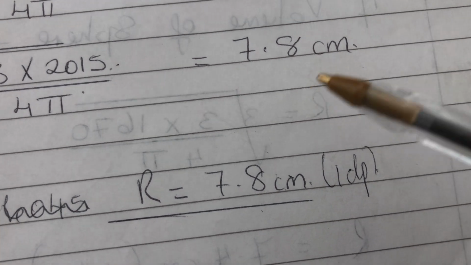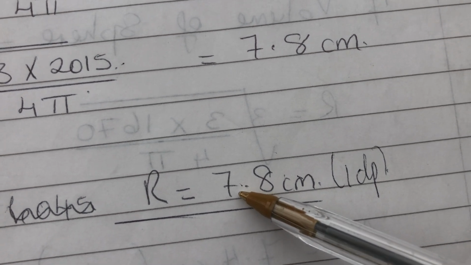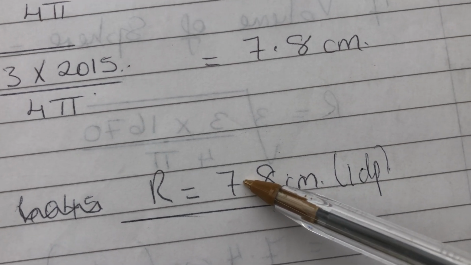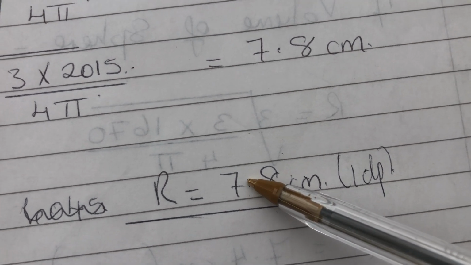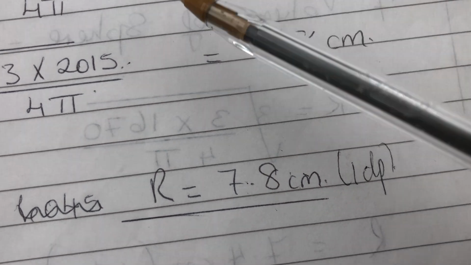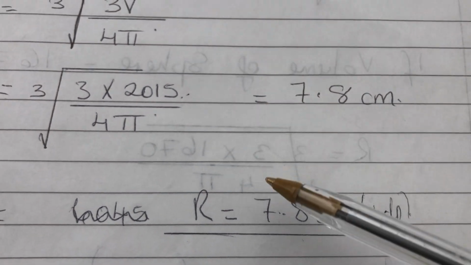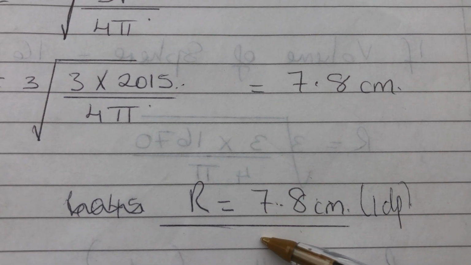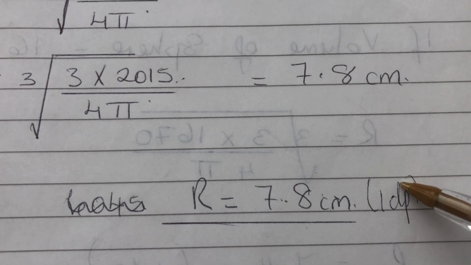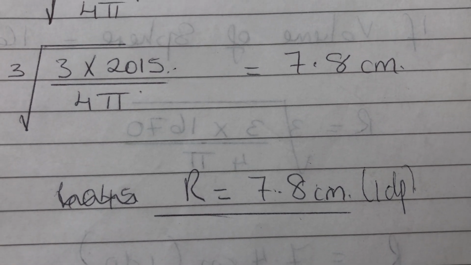Okay, but this is 1 decimal place. So read the question again to the end. Don't stop midway. Okay, if you remember the formula, write it down, so that after you finish solving, then you read the end of it. If they didn't say anything, leave it to 1 decimal place.